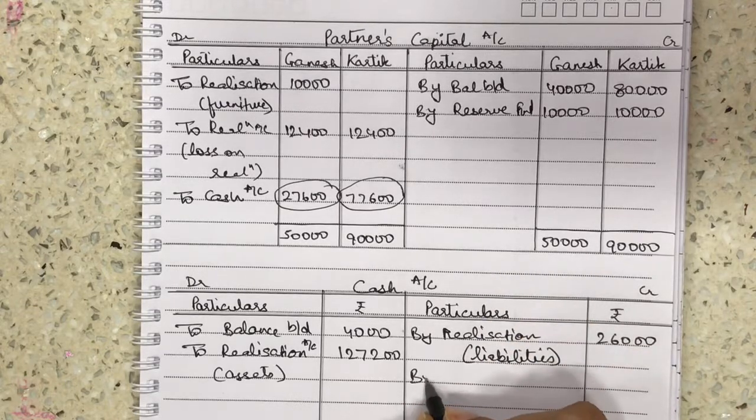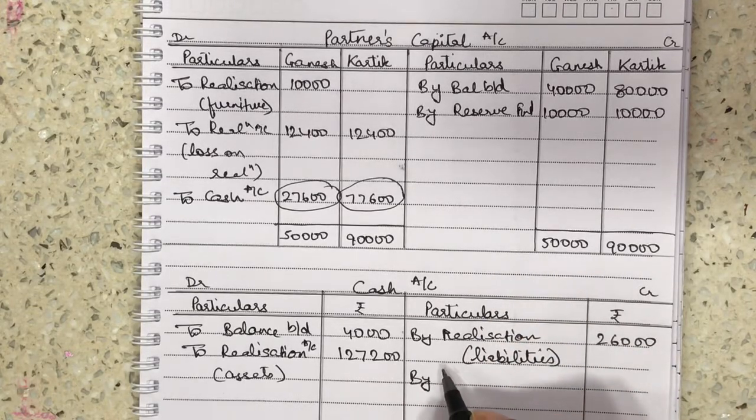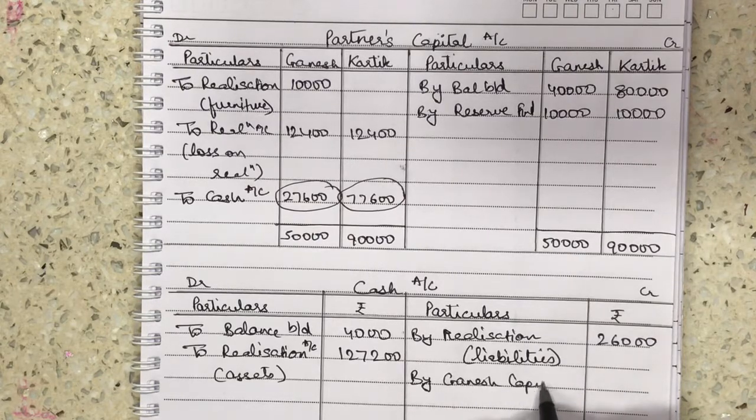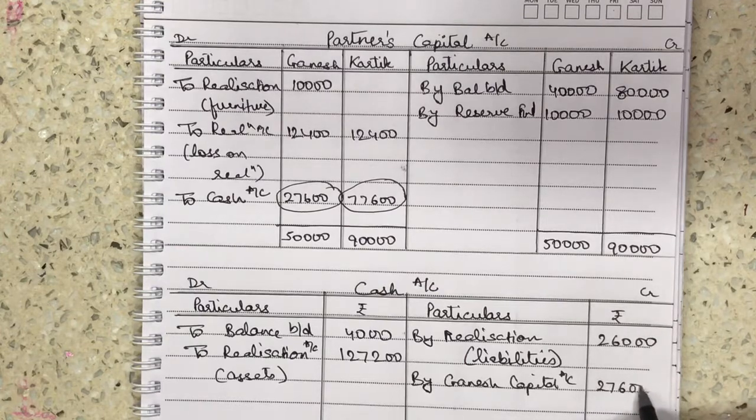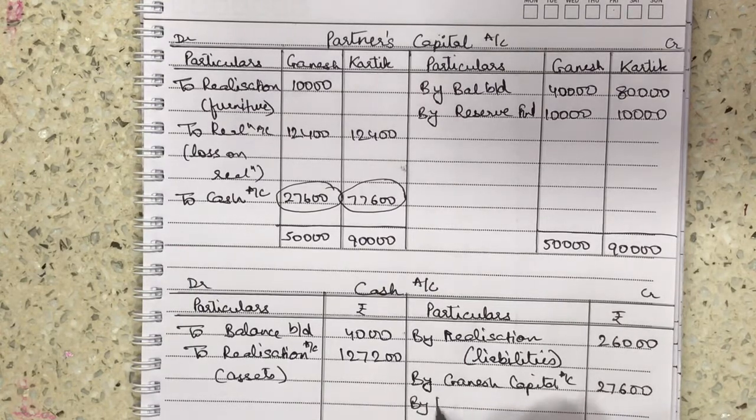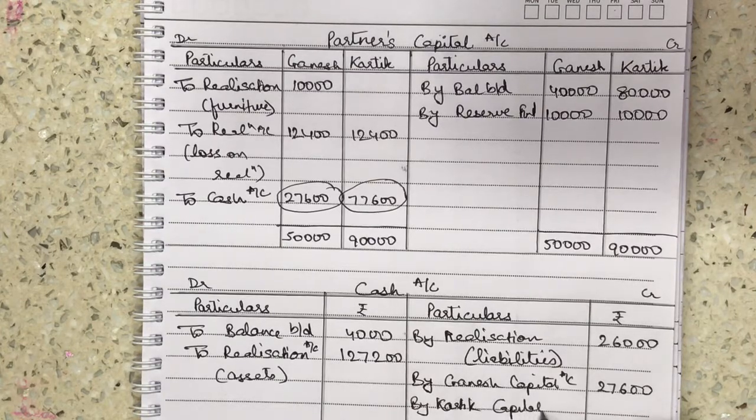So write here by, what is the name? Ganesh. By Ganesh capital account 27,600. By Karthik capital account is how much? 77,600.